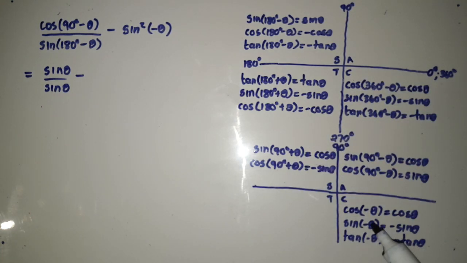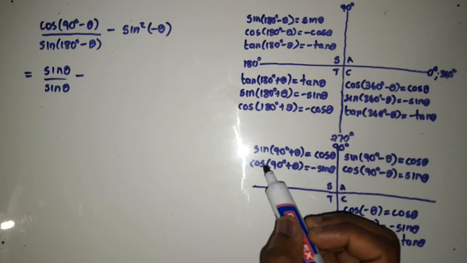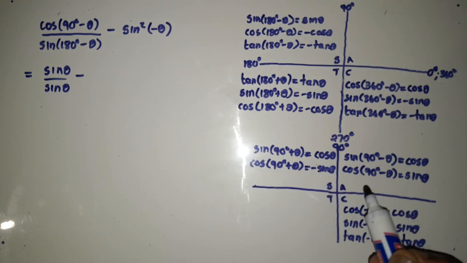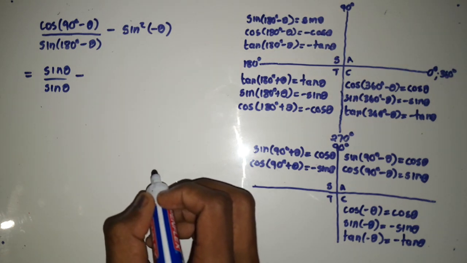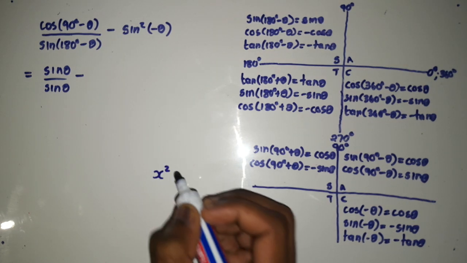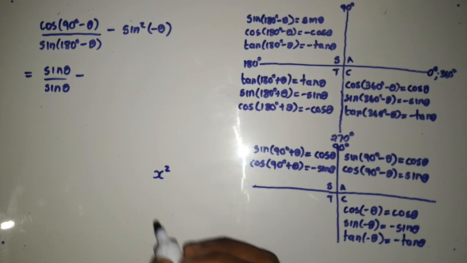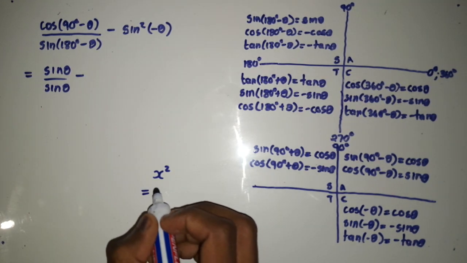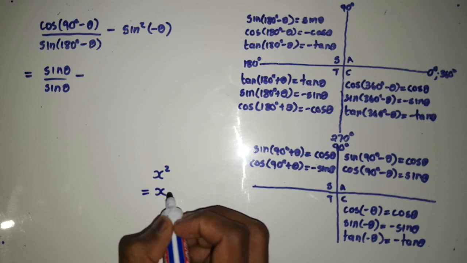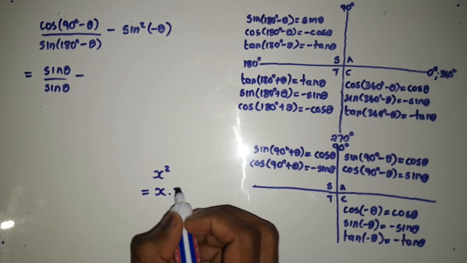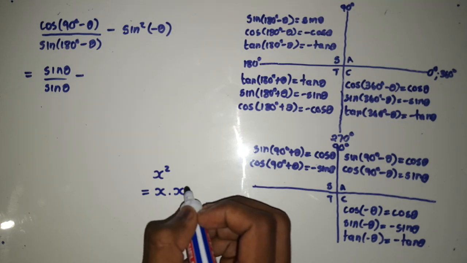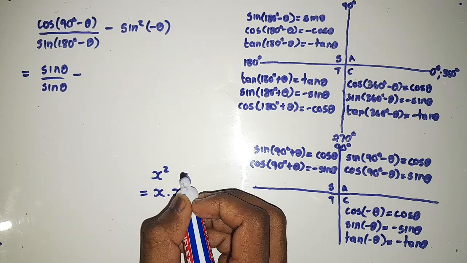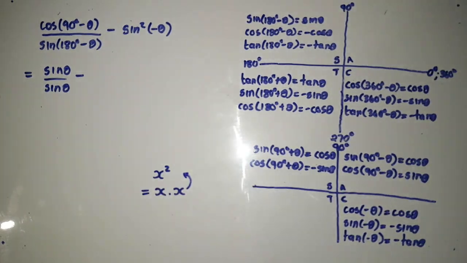We only have sine, cos, and tan. But now let me just take you back to the exponent. If I were to give you something like this, I know you know that we can expand this in this format to be x multiplied by x. Because this thing, at the end of the day, it takes us back to sine squared.